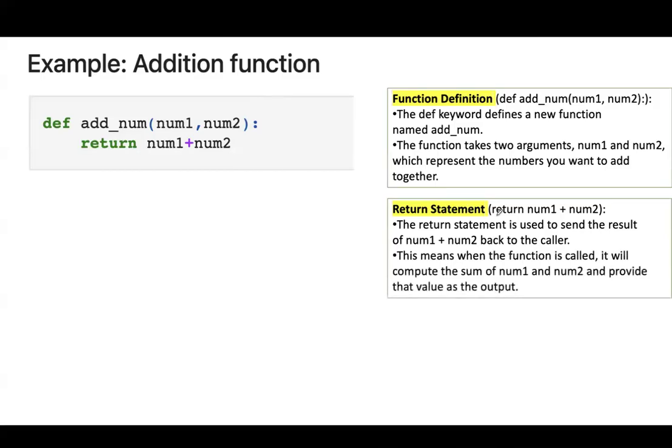The return statement returns the addition of these two numbers. It sends the result of num1 plus num2 back to the caller. This means that when the function is called, it will compute the sum of num1 and num2. For example, if we call the function and pass in two arguments, 4 and 5, we expect to get 9 back.